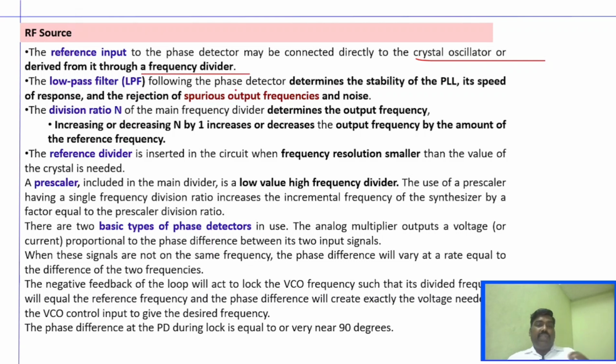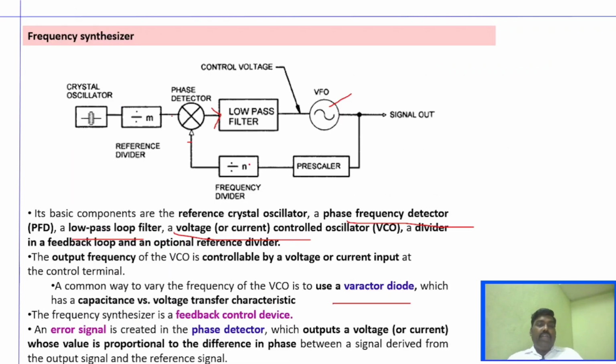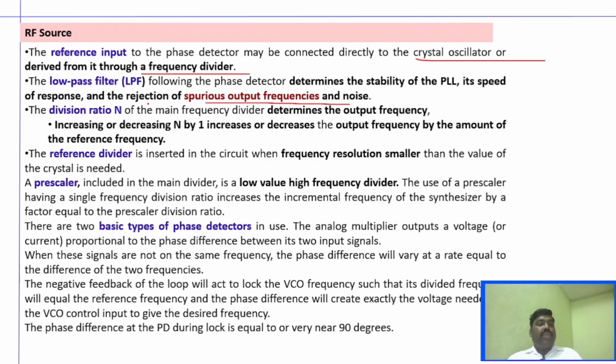Similarly, the low pass filter determines the stability of the PLL, the speed of response, and spurious output frequencies and noise. You can see here the division ratio, which is the frequency divider circuit. Depending upon this, we are able to obtain multiples of frequencies. The divider ratio of the main frequency divider determines the output frequency.